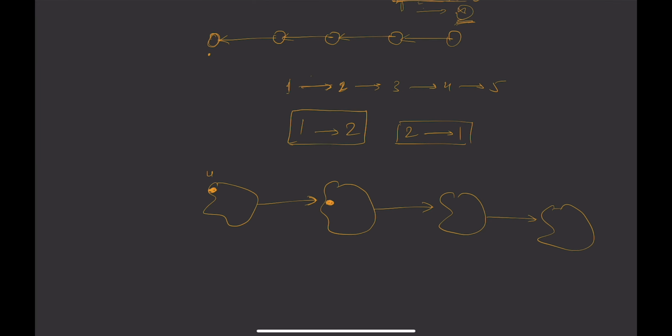So U was this node and V was this node. So I was printing U then V. That's why it was wrong. I should print V then U, because it is not possible to move from V to U, but it is possible from U to V. Yeah, got it. Why it was incorrect. Great.